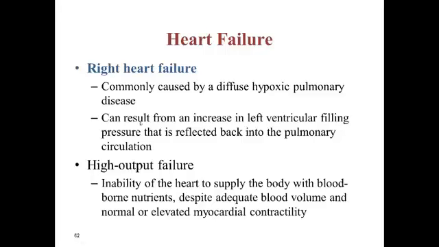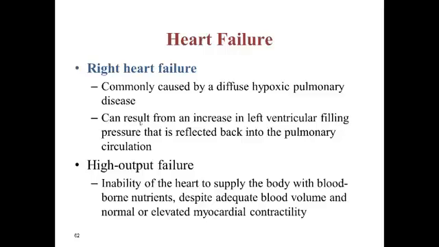High output failure, on the other hand, is the inability of the heart to adequately supply the body with blood-borne nutrients, despite adequate blood volume and normal or elevated myocardial contraction. Okay, so let me say it again.